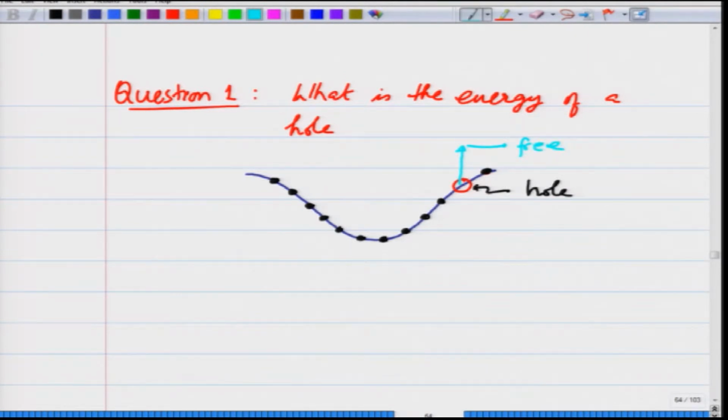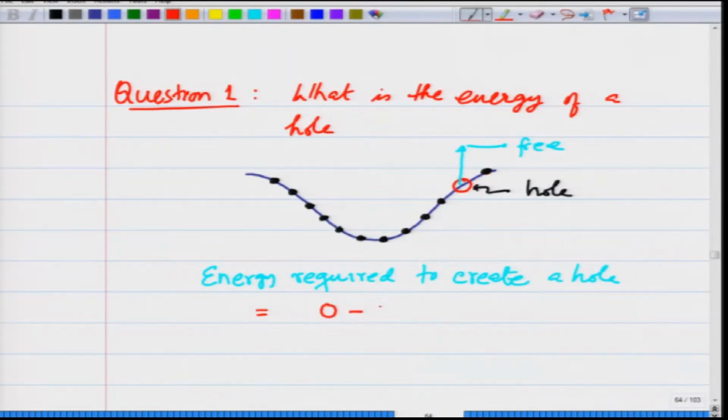If the electrons are bound in the system, the energy required to create a hole will be equal to, when the electron is free, its energy is 0, minus the energy E k. So, this is equal to minus E k.